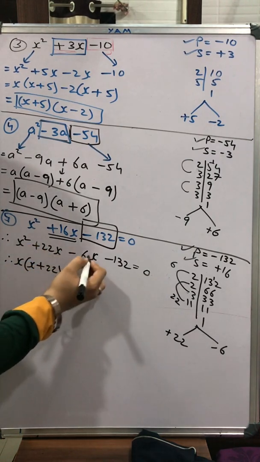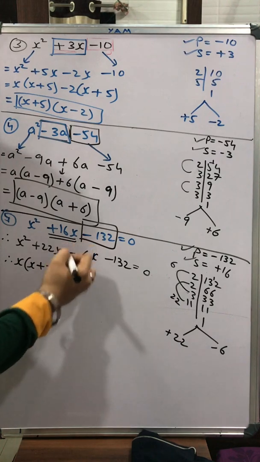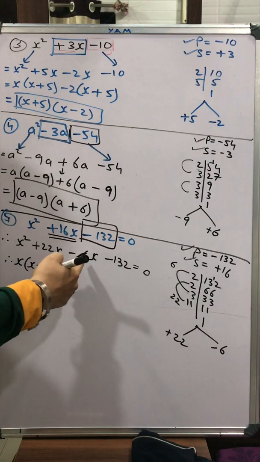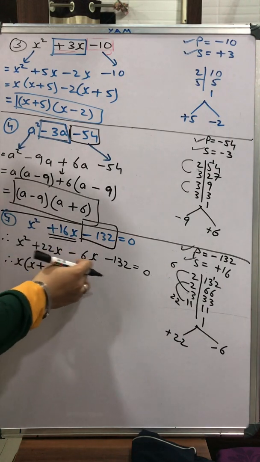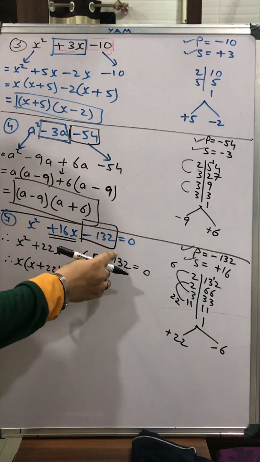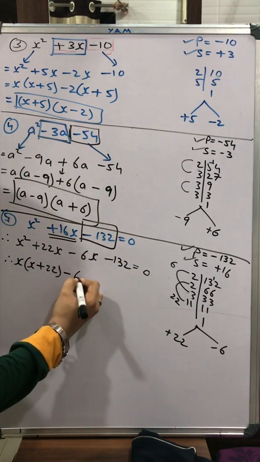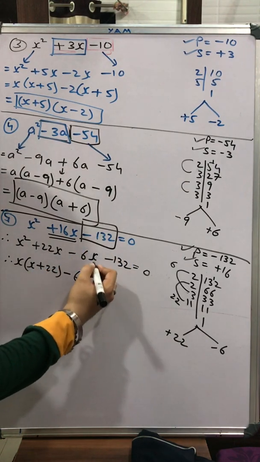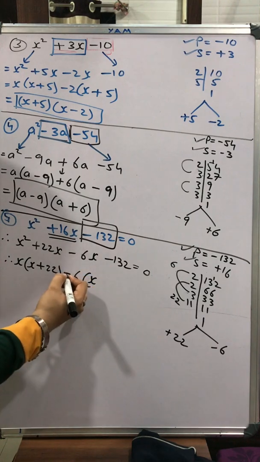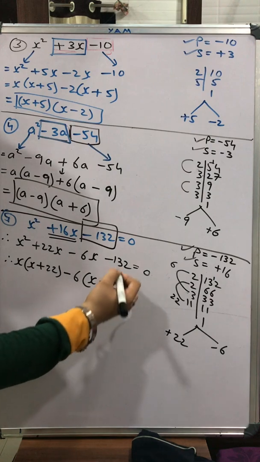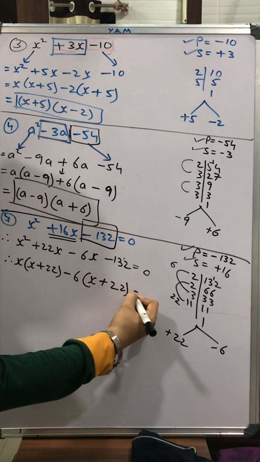I always take out the sign common of the second last term, so I have minus, so I'll remove minus common from both these terms. And does 6 go entirely in 132? Yes, 6 2s are 12, 1 carry, 6 2s are, yes it goes. So 6 is common. So x remaining here, minus I have removed common, so this becomes plus 6 2s are 12, 6 2s are 12 is equal to 0.